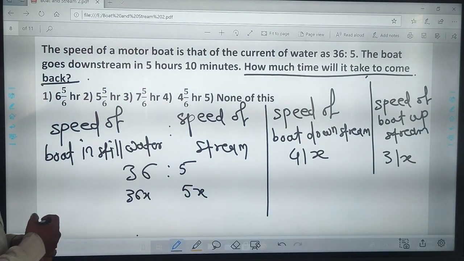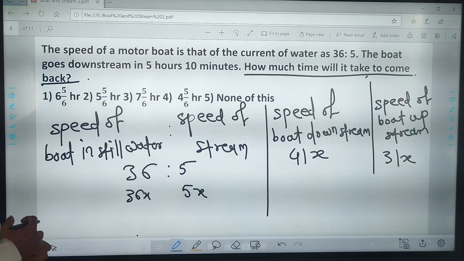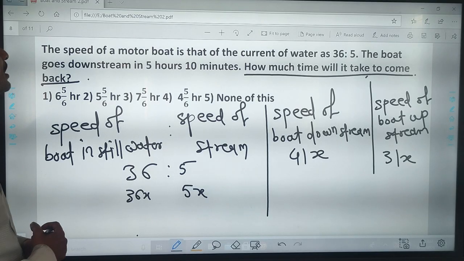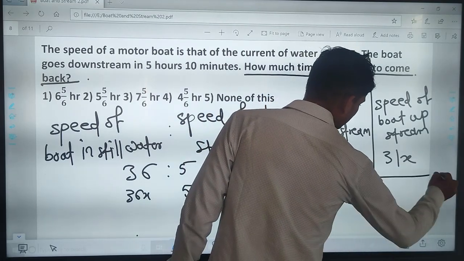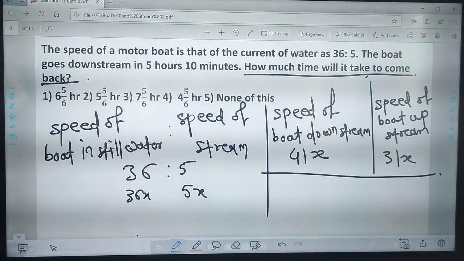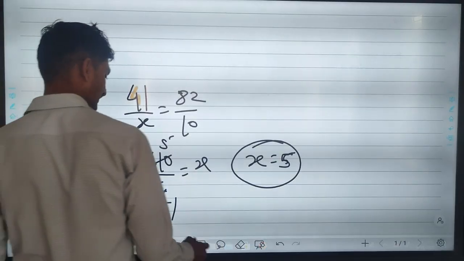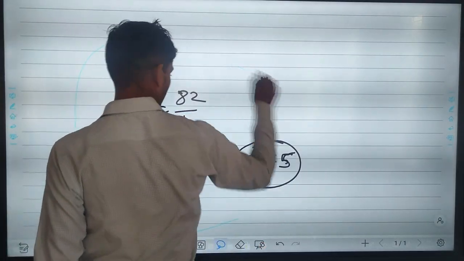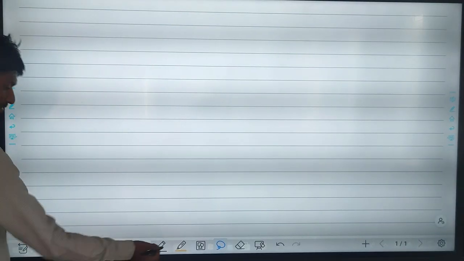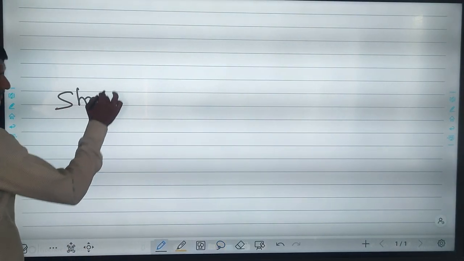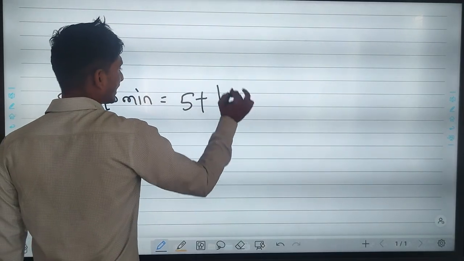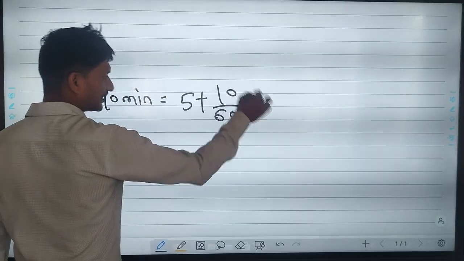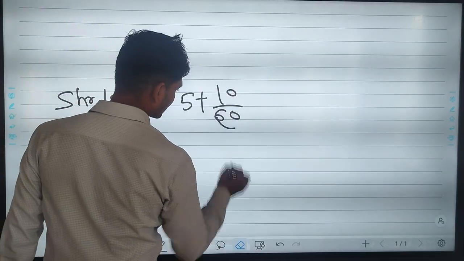The boat goes downstream in 5 hours 10 minutes. 5 hours 10 minutes means how many hours? 5 hours 10 minutes means 5 hours plus 10 by 60, converted into hours.